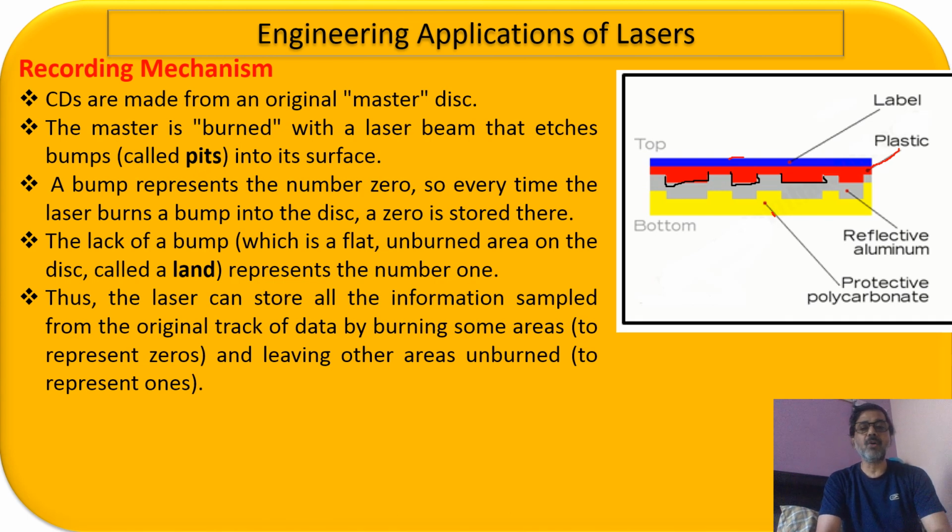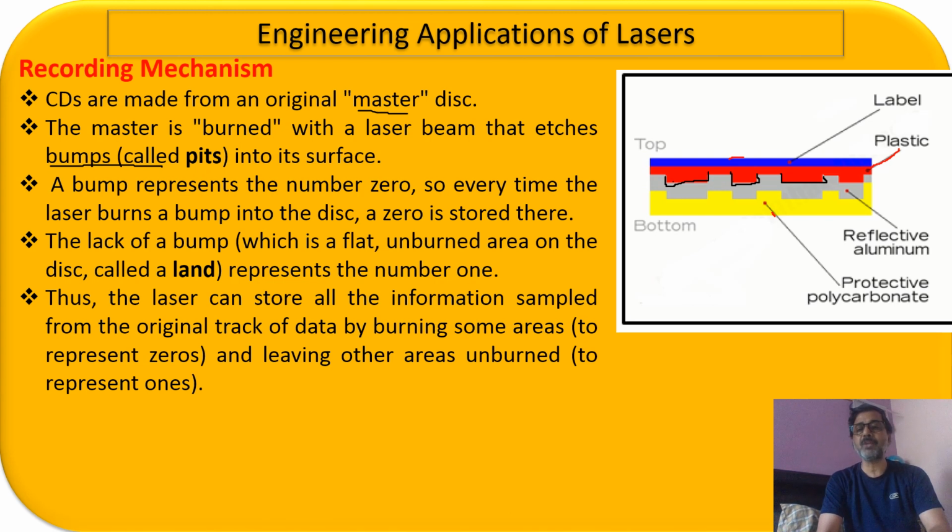CDs are made from the original master. So first of all, we are going to make one master, and from the master the others are copied. So here we are going to deal with how the master is being recorded. The master is burned with a laser beam that etches bumps, right? So that is going to etch the bumps, and that bump is called pits on the surface.